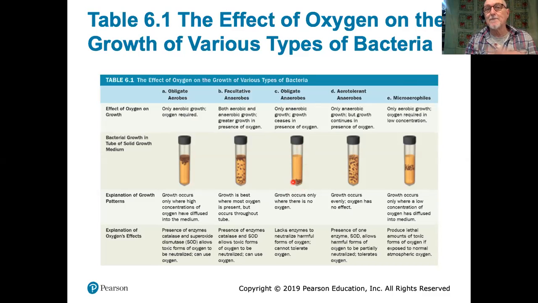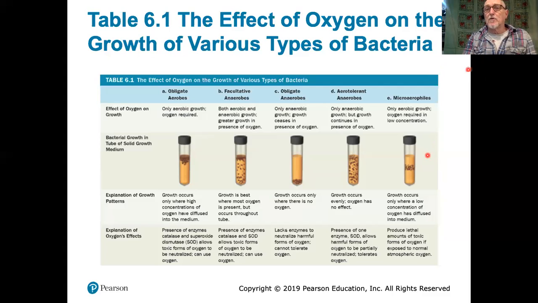Even a few atoms of oxygen in their environment, they will not grow. So they are obligate anaerobes. These ones here we didn't talk much about. They're not of great importance for our purposes. These are called aerotolerant anaerobes. They grow anaerobically, but they tolerate the presence of oxygen. They just don't use it. But we didn't spend much time talking about them.